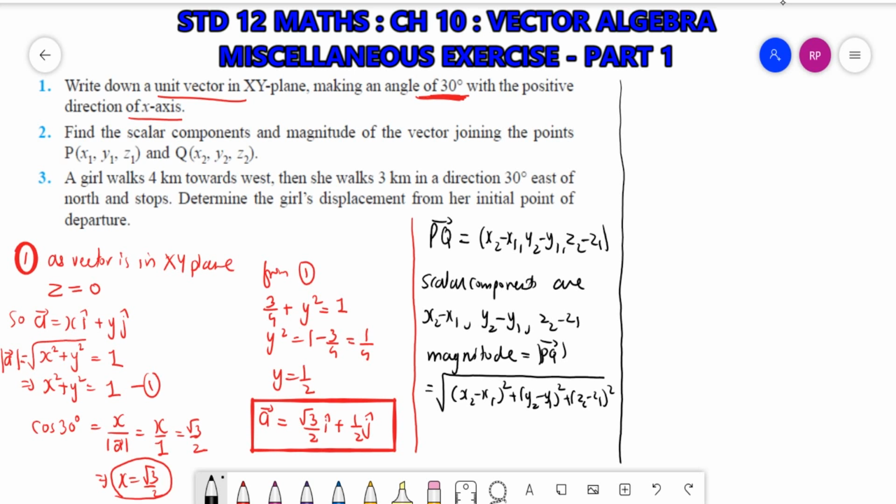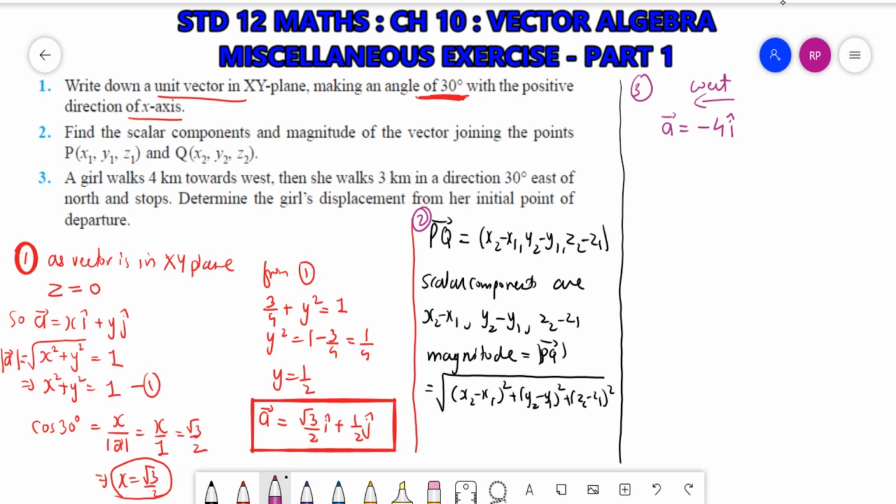Okay, clear? This was question second. Let's see question third. A girl walks 4 kilometers towards west. West means in this direction. So let's take the first displacement A equal to minus 4i.